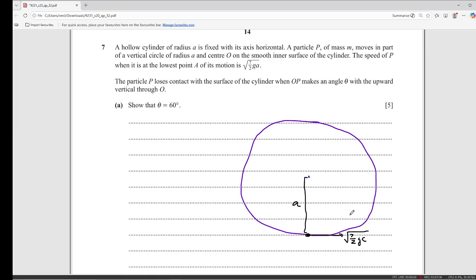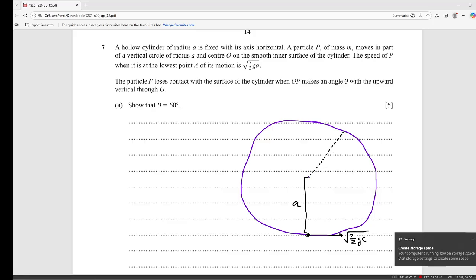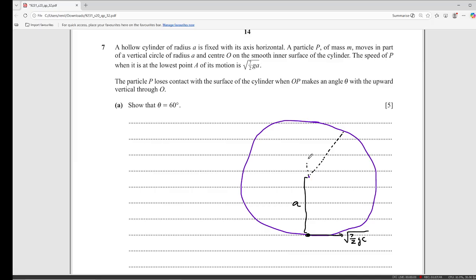I assume that it's going to rotate anti-clockwise. This is going to be a, this is going to be theta as well. So with that being said, we can now solve this.